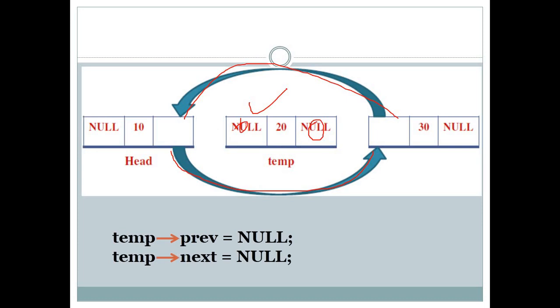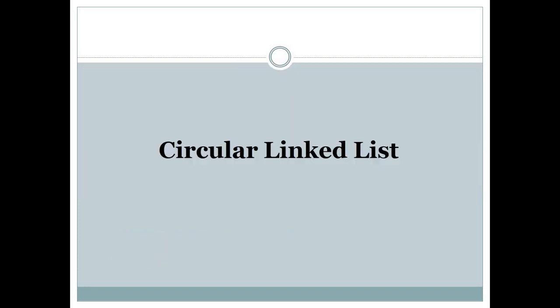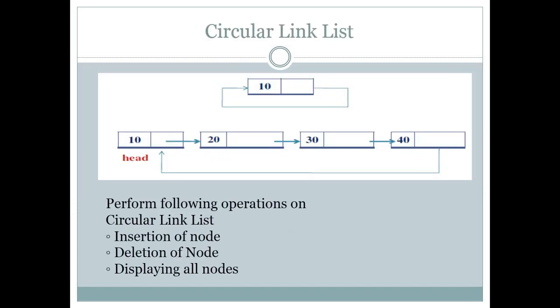Now let's understand the third part of our linked list, the circular linked list. In a circular linked list, we can perform operations like insertion of a node, deletion of a node, and display of nodes, but there will be no null value in our linked list. We can create a circle in our linked list, meaning this is the last node but there is no null value.